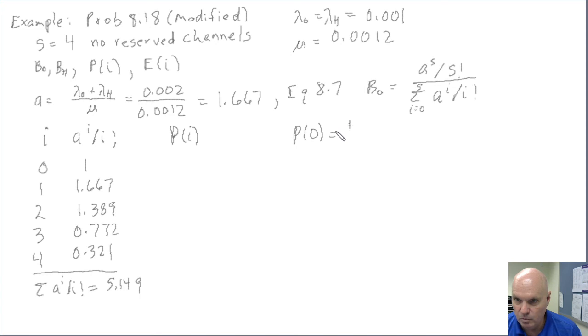So that's 1 over the sum of the A to the I over I factorial, or in this case 1 over 5.149. Sorry, my handwriting's so sloppy here. I'm still getting used to actually doing this on a tablet instead of with a marker. So P of 0 turns out to be 0.194.